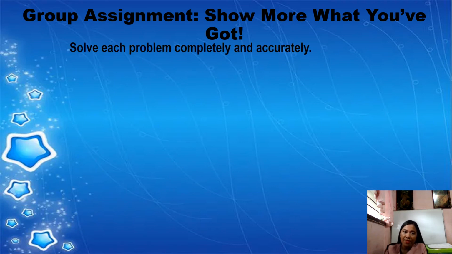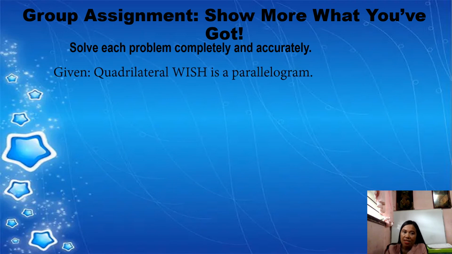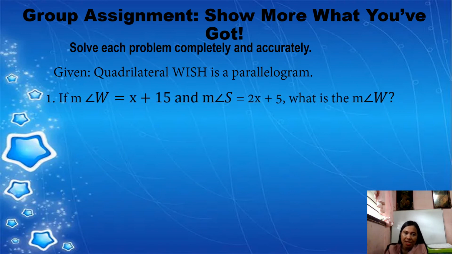Solve each problem completely and accurately, meaning you have to show your solutions for every problem. Since we have here the given quadrilateral, which is a parallelogram. First, if the measure of angle W is equal to x plus 15 and the measure of angle S is 2x plus 5, what is the measure of angle W?